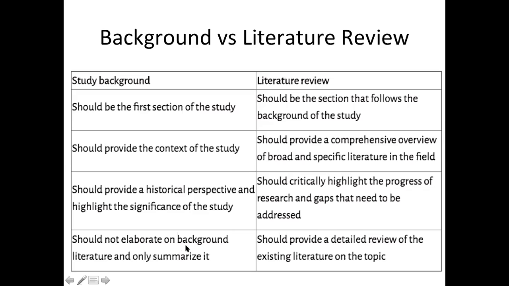And then in the background, once again, it is brief. We do not elaborate the literature that we have reviewed, we have read. We just summarize it. There might be a lot of studies that we have read, and then we try to compare their findings, whether they are having the same findings or they have contradictive findings.